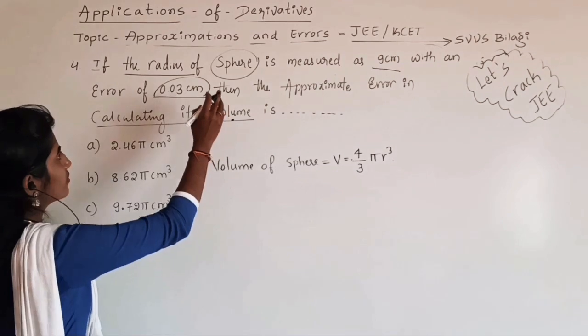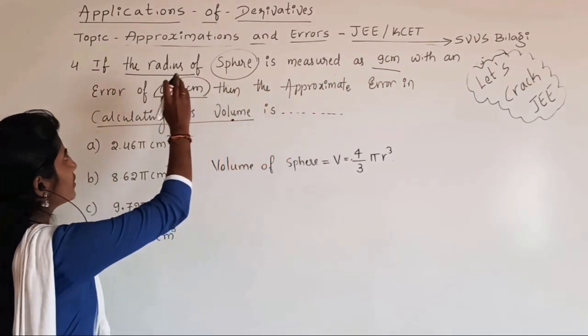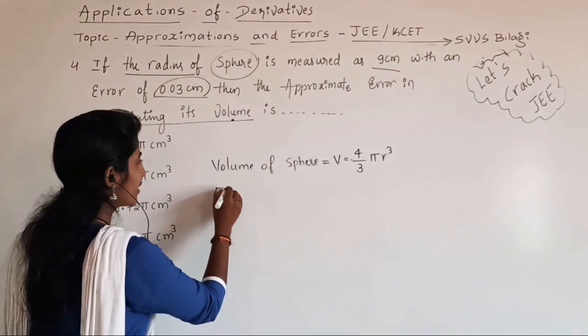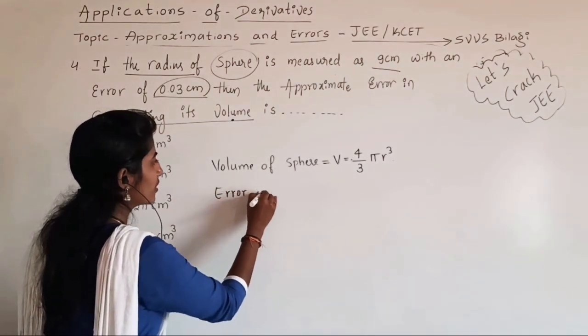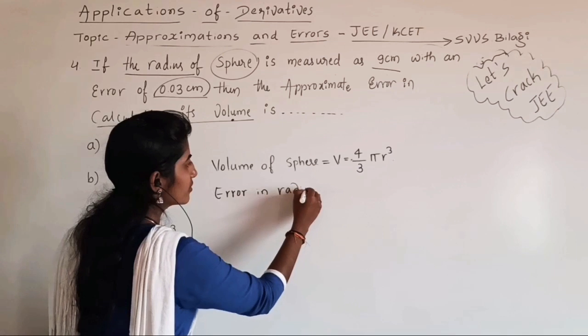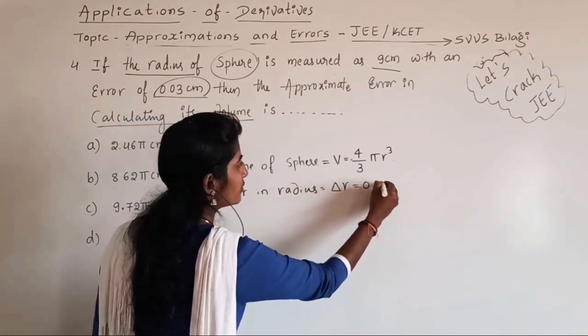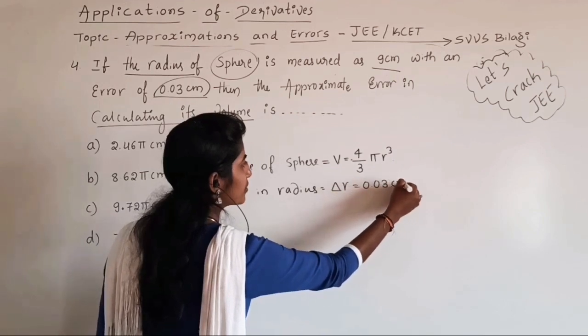Since the radius is 9 cm, and the error in the radius is given, that is delta r is equal to 0.03 centimeter.